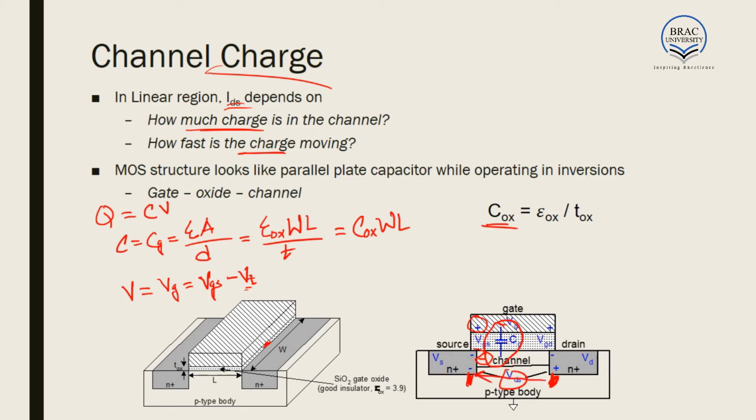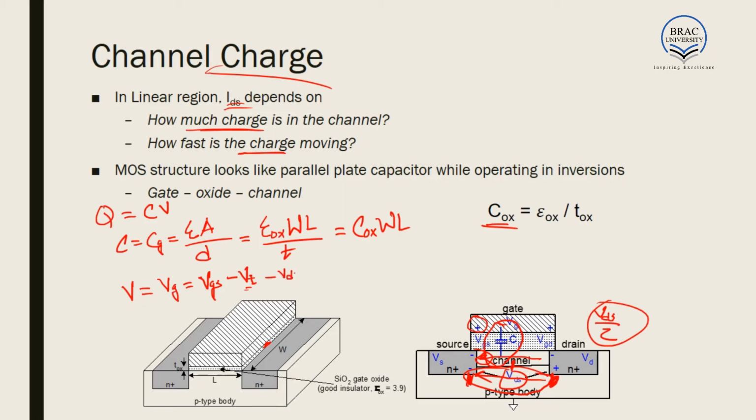So let us consider a middle point in the channel. Here, the total voltage across drain and source is VDS, and the voltage keeps on decreasing as we move from drain to source, and at source the voltage is 0. As a result, at the middle point, we may consider that voltage is VDS by 2. That is the average of the total voltage.